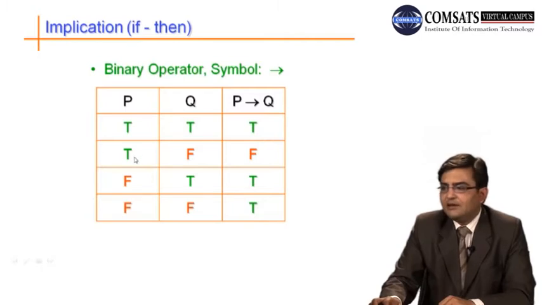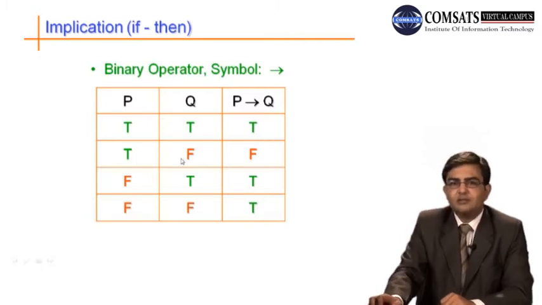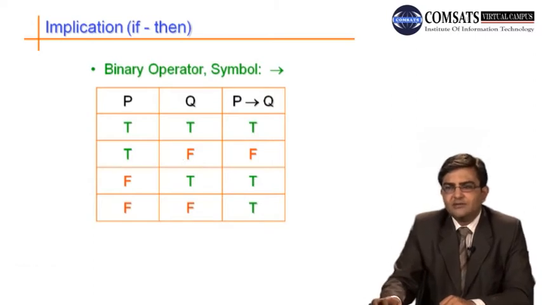If P is true and Q is false, as I told you, if hypothesis is true but the conclusion is false, then this conditional statement P implies Q is false. This is the only case where this conditional statement is false, when the hypothesis is true and conclusion is false.